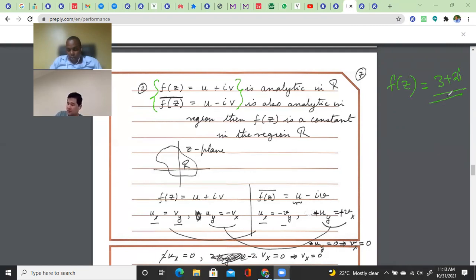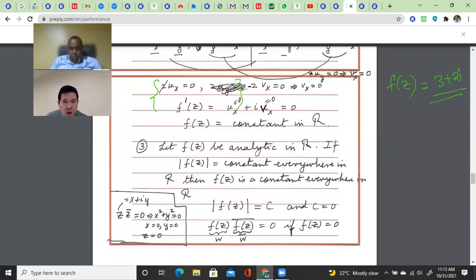Okay, got it. Let's move on. So number 3: let f(z) be analytic in R. If its magnitude is a constant everywhere in R, then f of z is a constant everywhere in R. Let me write it very quick.